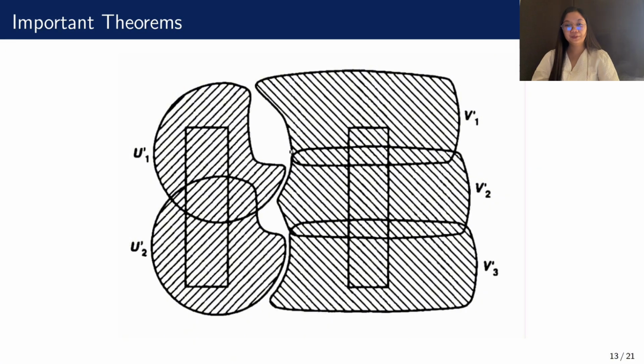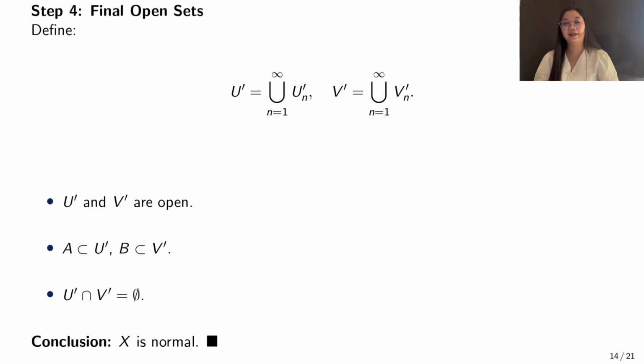For step 4, the final open sets: for the conclusion, U prime is equal to the union of U sub n prime, where n is equal to 1 up to infinity, and V prime is equal to the union of the B sub n prime, from n equal to 1 up to infinity.